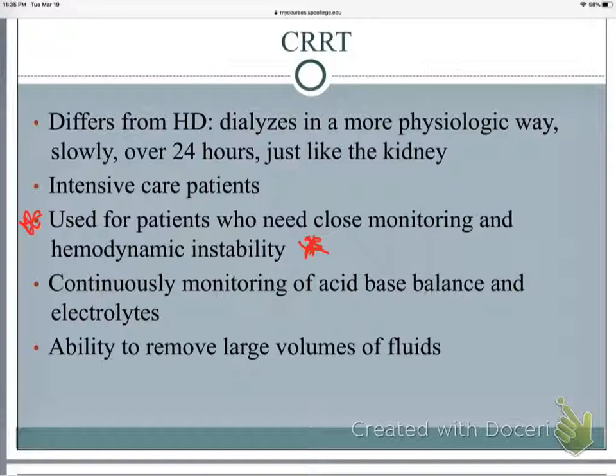They need close monitoring, and they monitor their acid-base balances and their electrolytes. They can remove large volumes of fluid, but they just do it slower. It's not rapid like hemo. Sometimes it's even used in conjunction with hemodialysis.